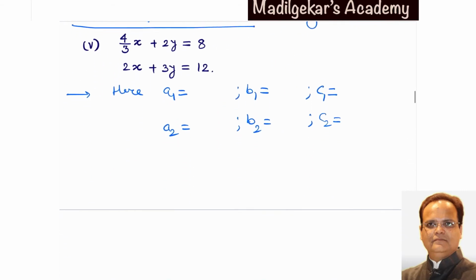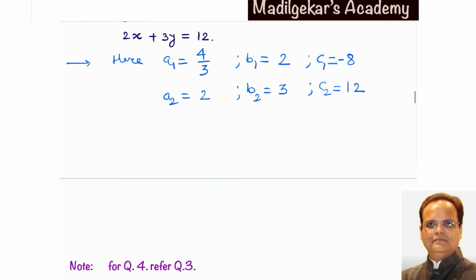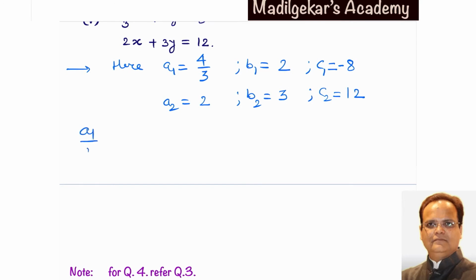Last bit of this question. Here A1 is 4 by 3, B1 is 2, C1 is minus 8. A2 is 2, B2 is 3, and C2 is 12. So A1 upon A2 is 4 by 3 upon 2. 2 cancels with 4, 2 by 3. B1 upon B2 is 2 by 3.